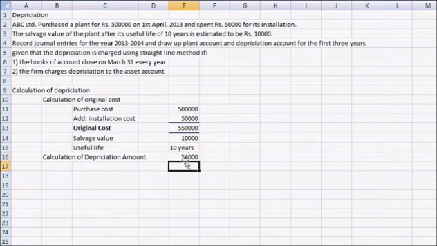We are using the straight line method here. Once we are done with this, we'll help you in our upcoming videos with the written down value method. So this is the depreciation amount which has been calculated. Now we'll pass the journal entry.